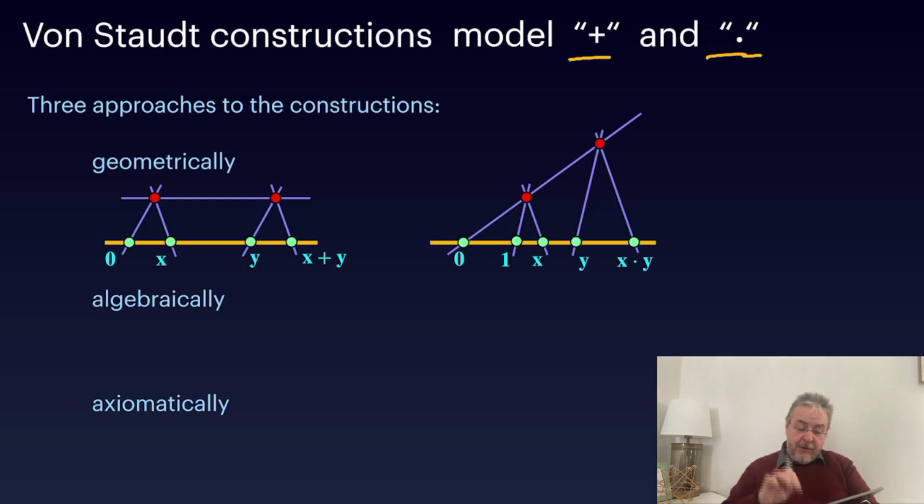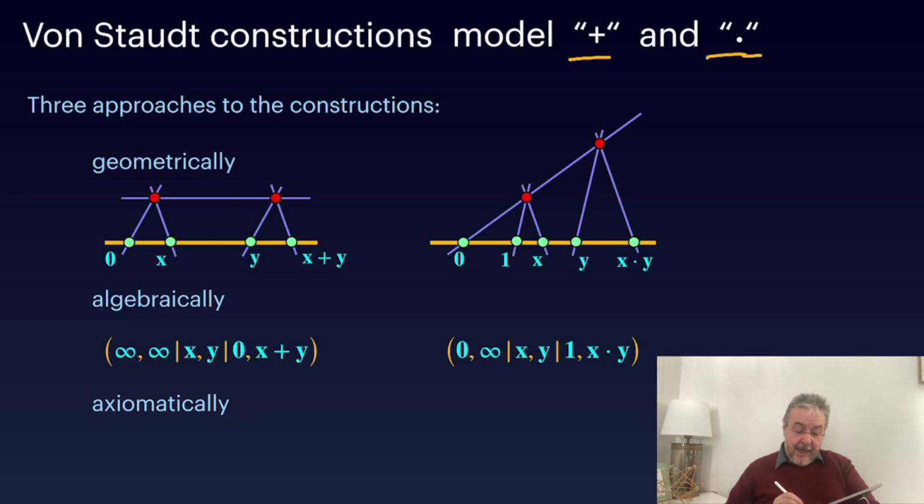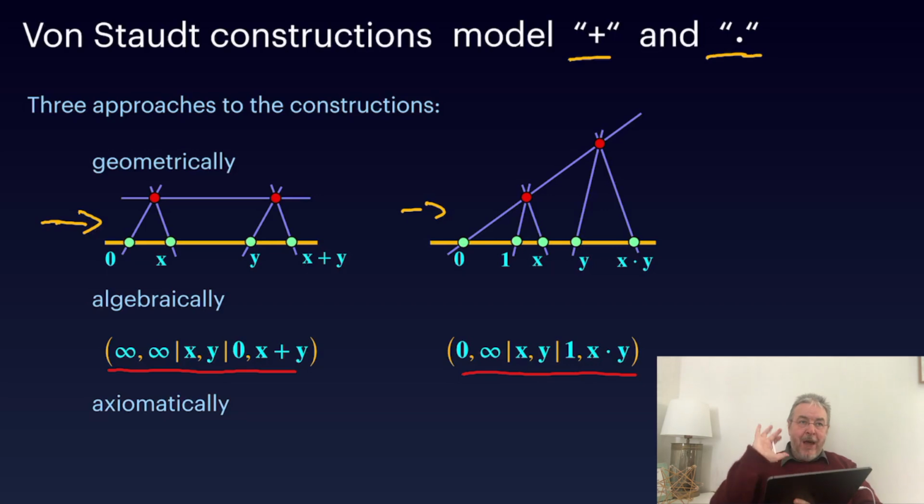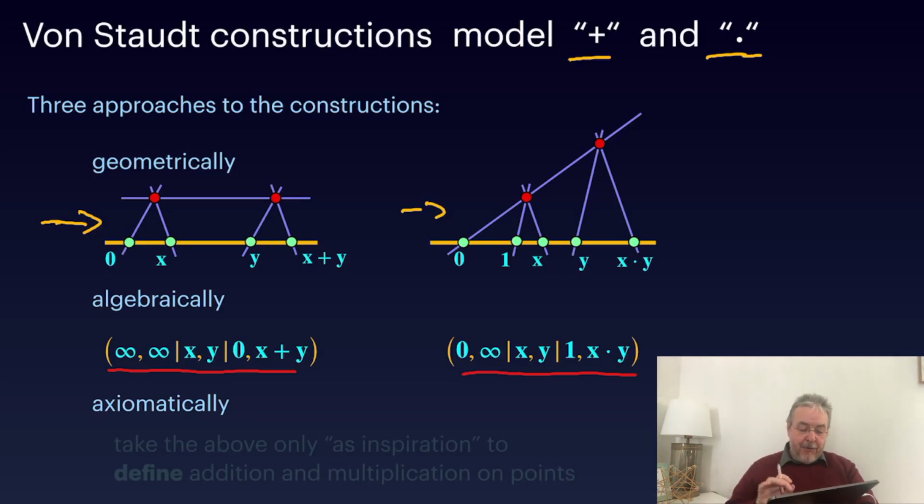So let me switch to the algebraic viewpoint. It turns out that these constructions that you did here, this one and this one, are nothing else as certain quadrilateral set constructions. So from a different point of view, you could also think about quad-set constructions. Now comes the axiomatic point of view, which is a kind of quantum leap in thinking at that point.